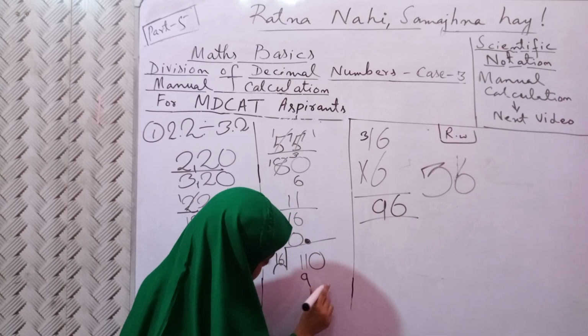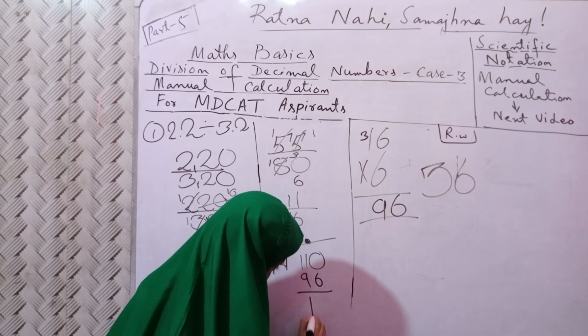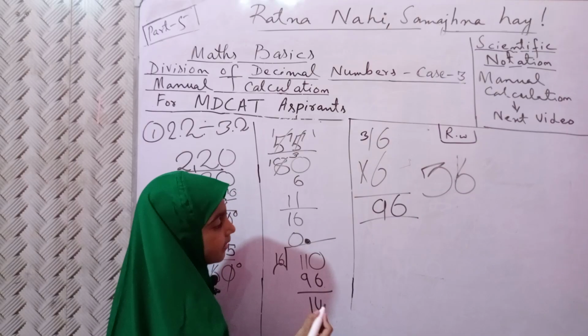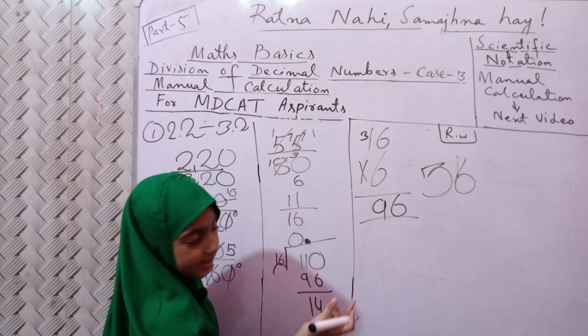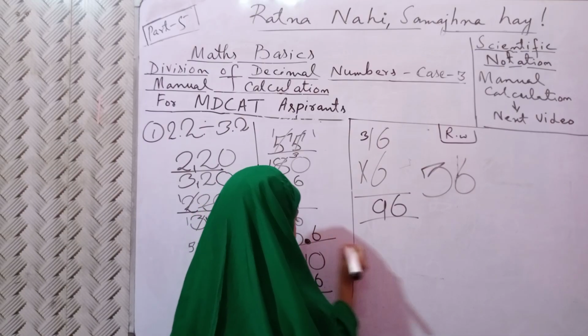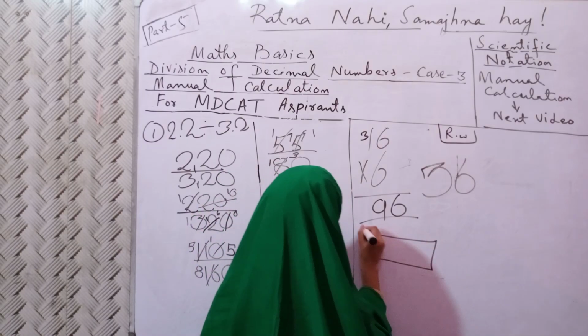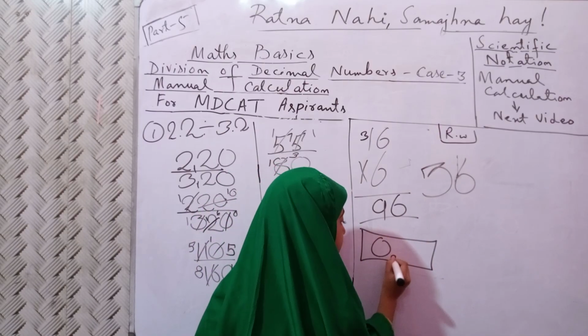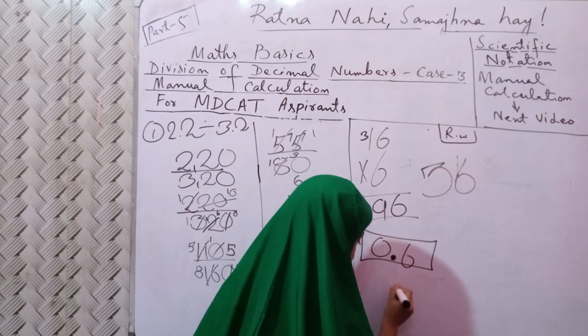Sorry. 96 minus 14. I have no space, that's why I am writing the answer here. The answer is 0.6.